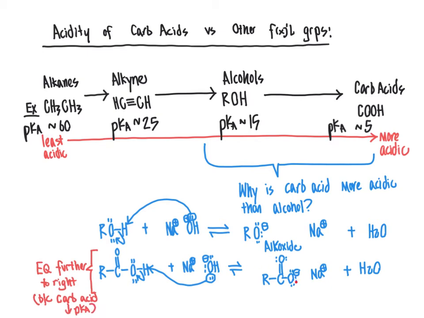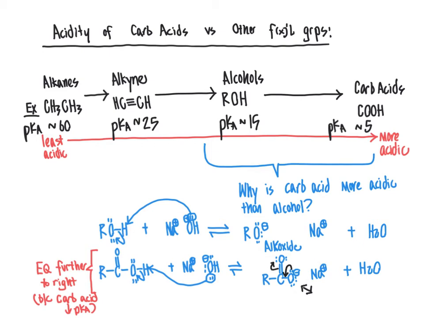Well, we have to look at the stability of the product in each case, because the more stable the product, the further that equilibrium is going to lie toward the right-hand side, meaning that the starting material was more acidic, hence more reactive, yielding a stable product. And the reason why the carboxylic acid deprotonated salt product is more stable is because of resonance.